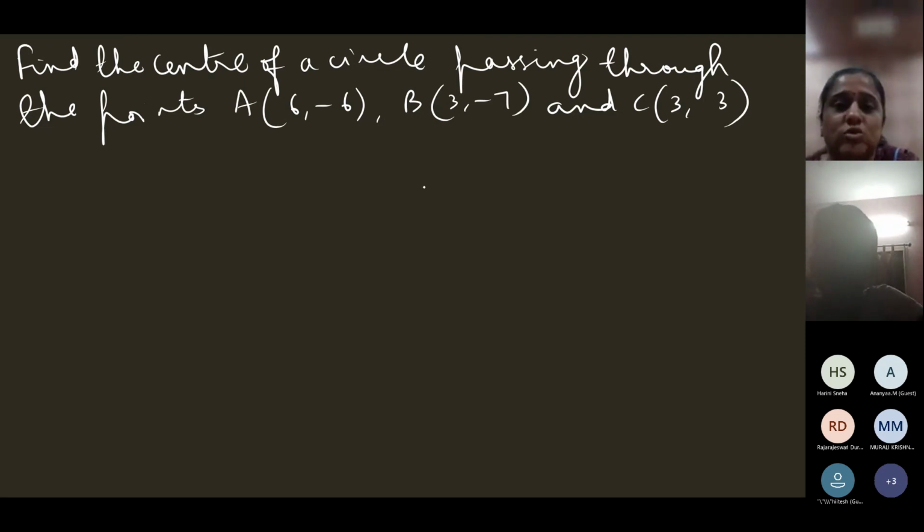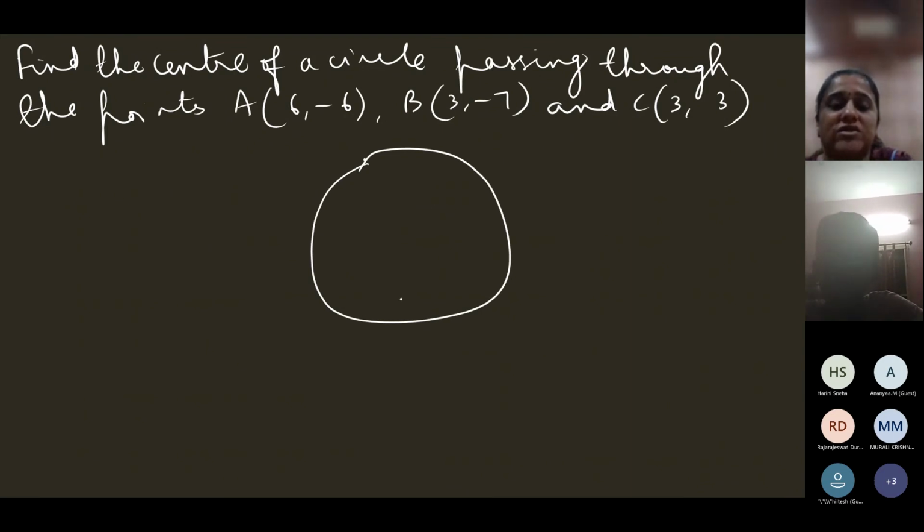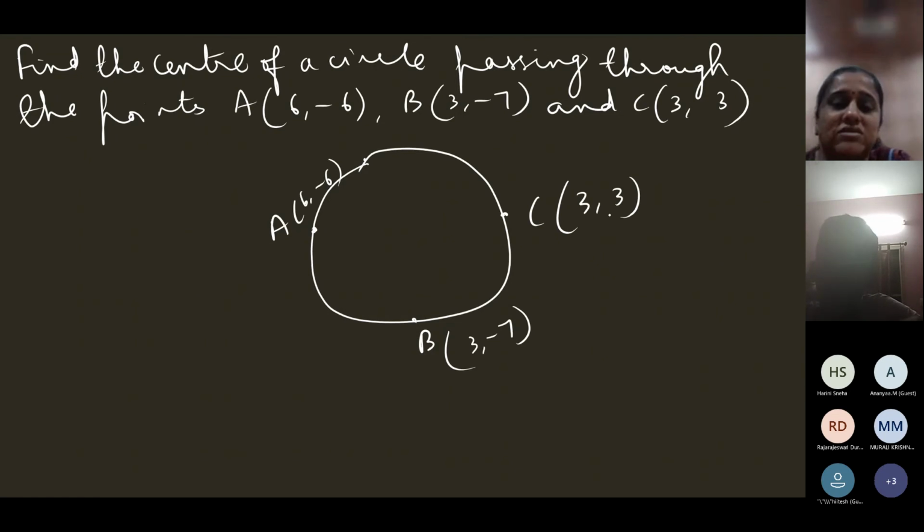So a circle passes through these 3 points. That means A, B, C lie on the circumference of the circle. The circle passes through the 3 points A, B, and C. We need to find the coordinates of the center of the circle, O. We don't know the coordinates, so X, Y. When you join OA, radius.